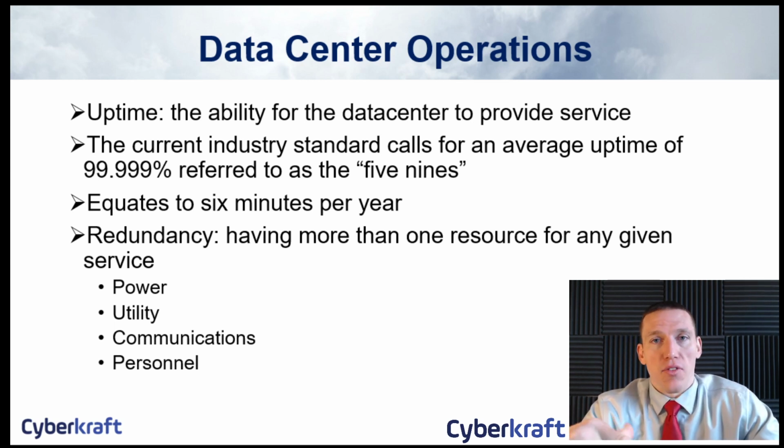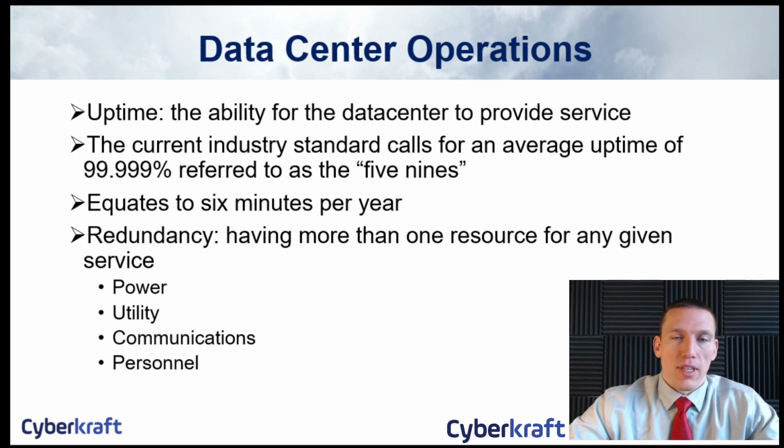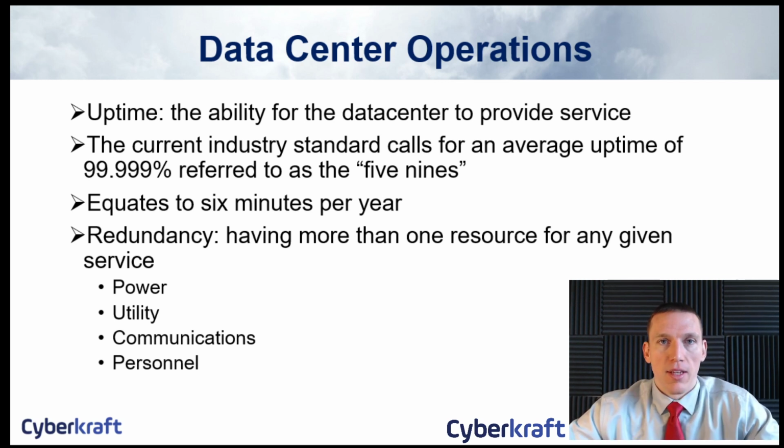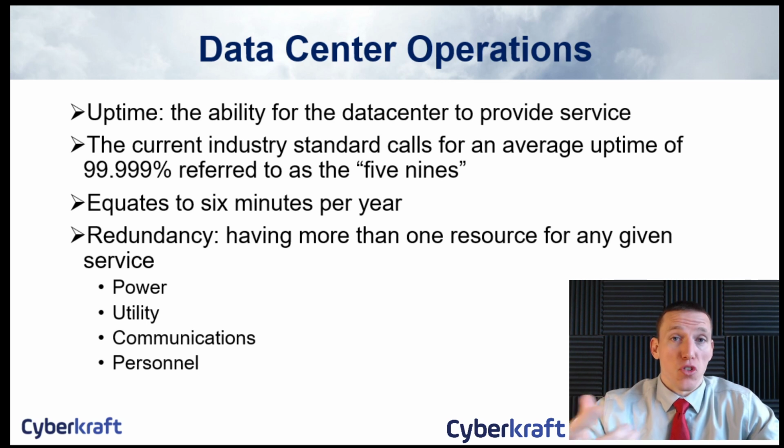Because if an ISP, an internet service provider, goes down, unless you have an alternative internet service provider in your region, it can be difficult to get another option for that data center. Some regions only have one ISP, or ISPs share the same type of infrastructure.